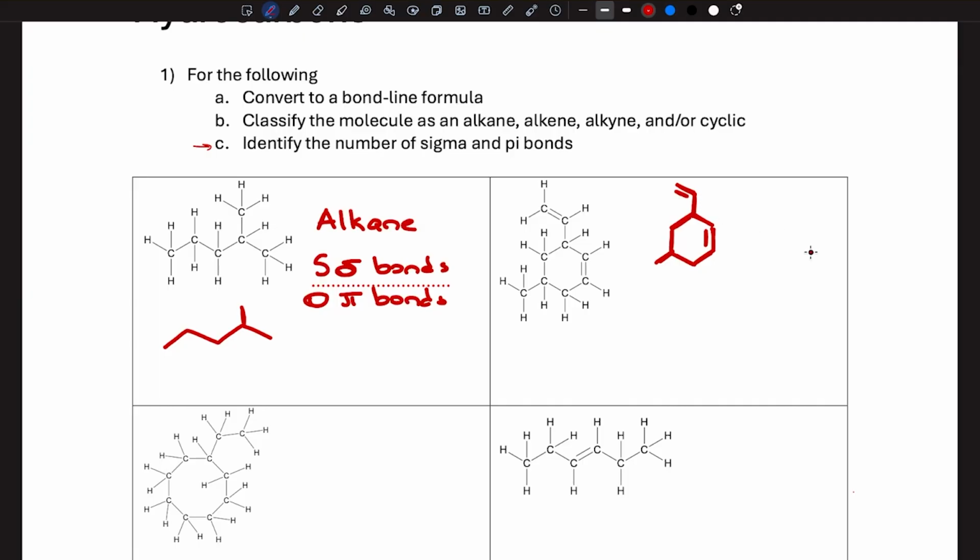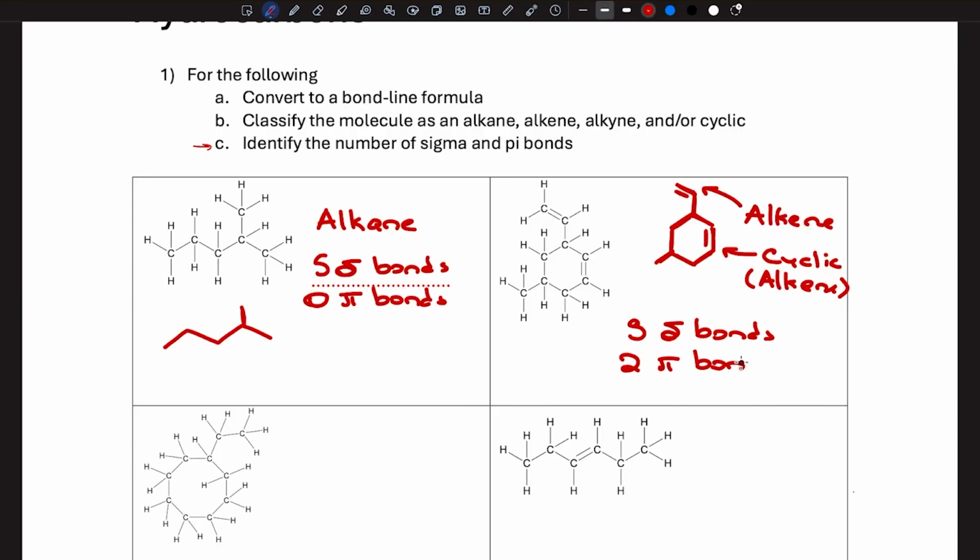This is an alkene, since it definitely has an alkene functional group, and it is also cyclic. More specifically, it is a cyclic alkene, so we can classify it as that. If you were to count it up, you would get 9 sigma bonds and 2 pi bonds.